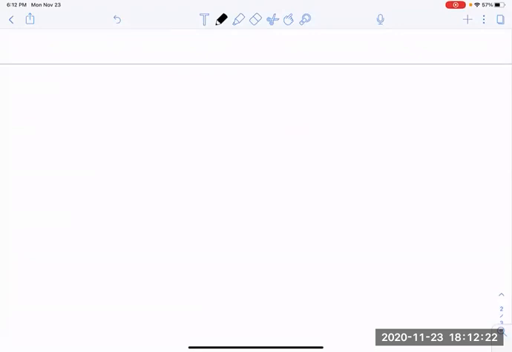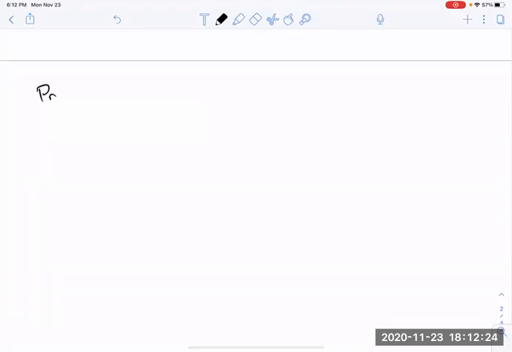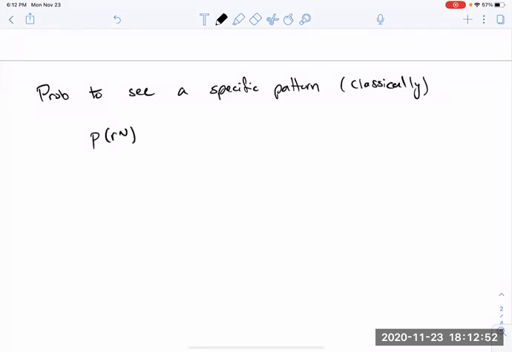Let's denote the probability to see a specific pattern in a classical system, where I can pin down all the particles, as P of R^N.